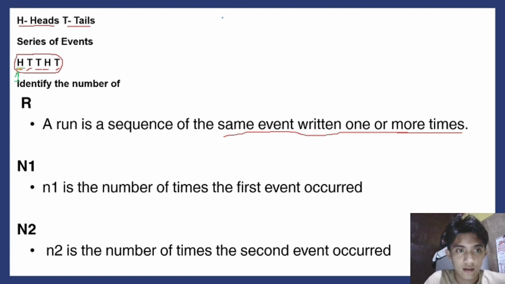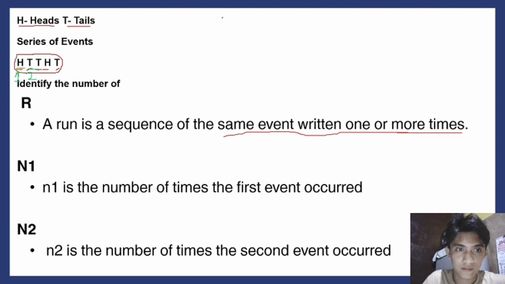And next is T, right? As you can see, the third flip and the third result is also T. So we have the same event written one or more times. Written two times here, so meaning, it is considered as one. So this is the second run. These two, second run.